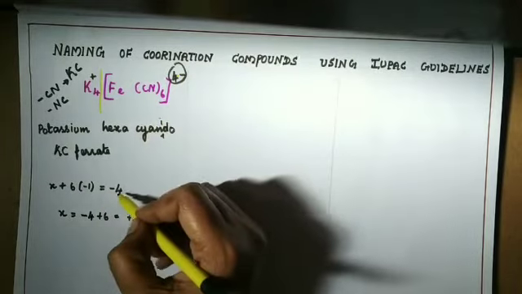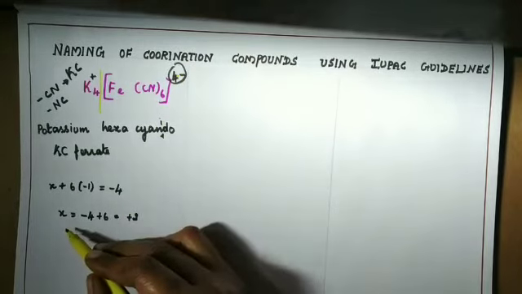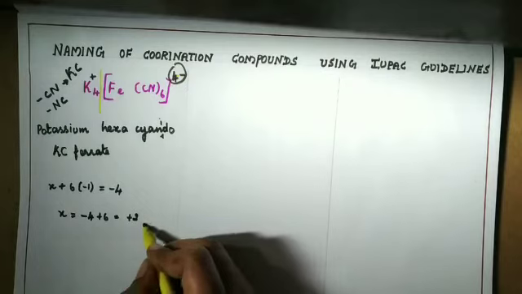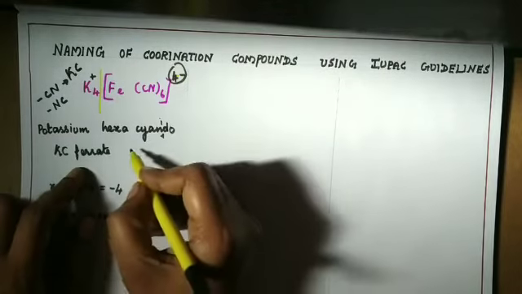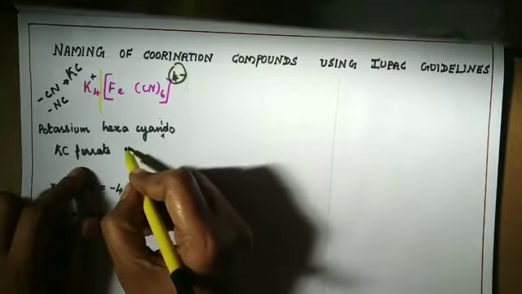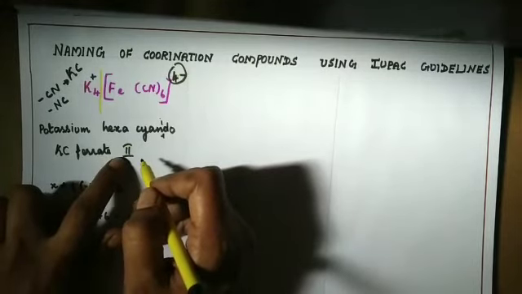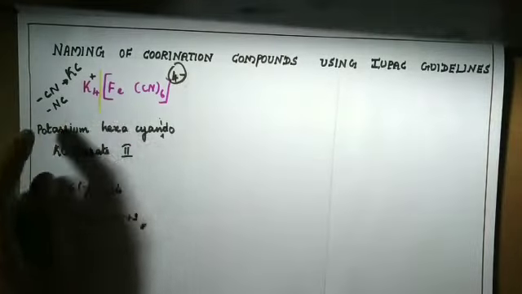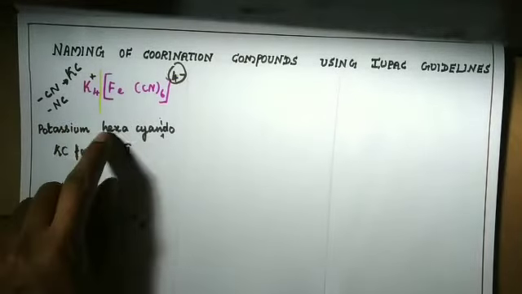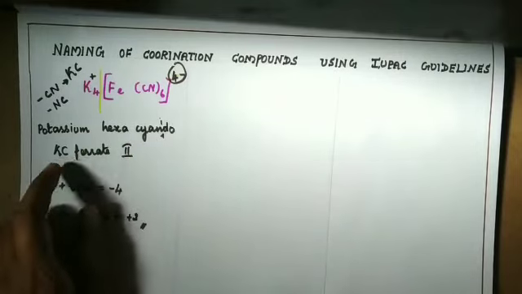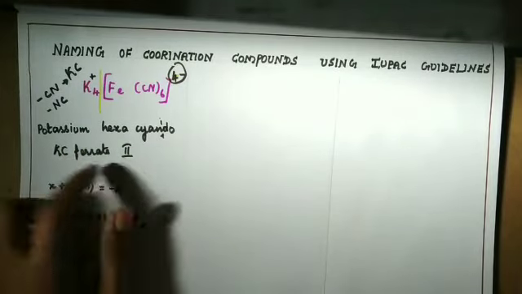Therefore x is equal to +2, written as a Roman numeral. So this compound name is potassium hexacyanido kappa C ferrate(II).